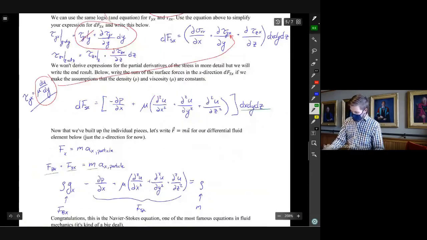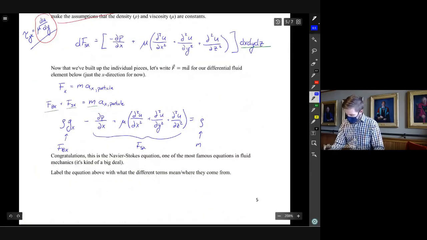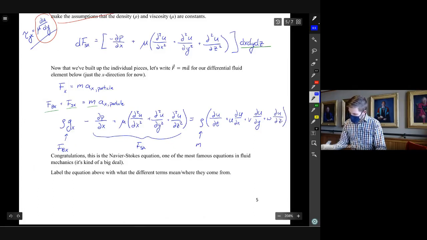So if we plug in A, that's du dt plus u du dx plus little v du dy plus little w du dz. So this whole big thing is ax, the acceleration of our particle.